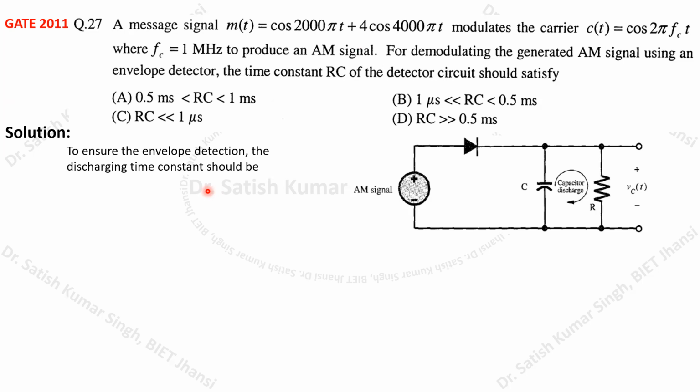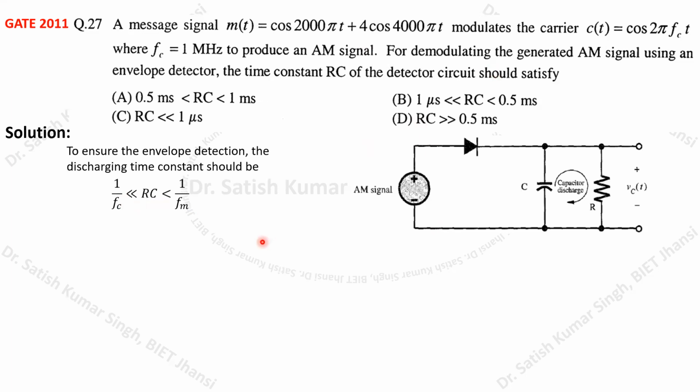Normally the charging time constant should ideally be 0, but the discharging time constant should satisfy this condition: RC should be much larger than 1/fc, and it should be less than 1/fm. This is the condition to ensure envelope detection using this circuit.